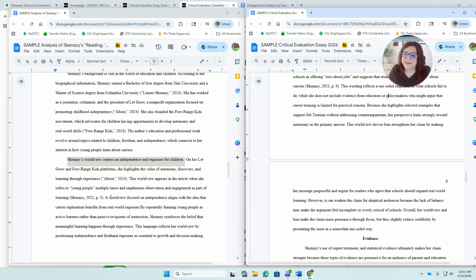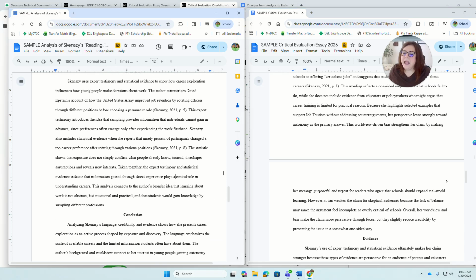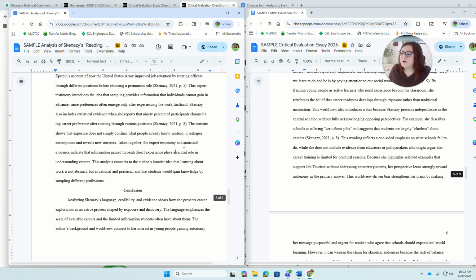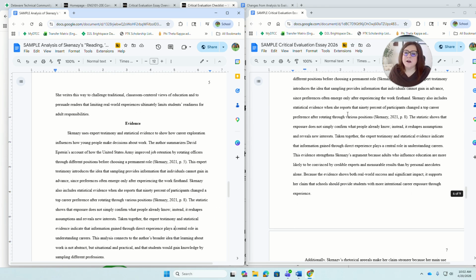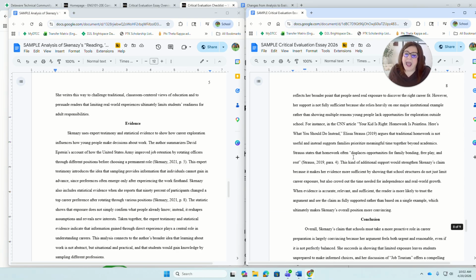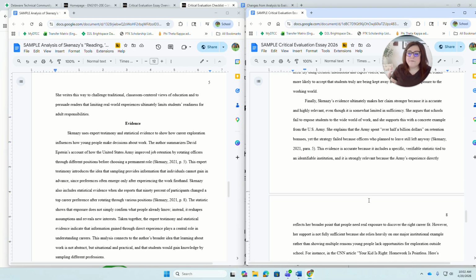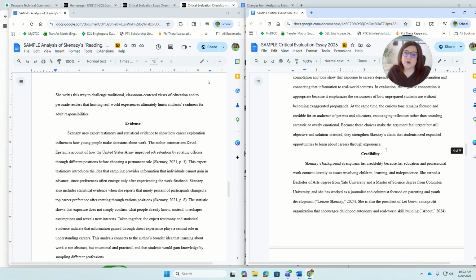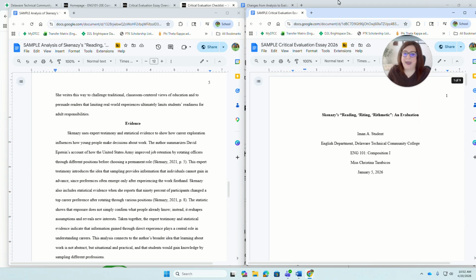And then it talks about the bias. And then evidence, as you notice, we only have one paragraph here. We have 3 paragraphs here, okay? Adding in that secondary article that we found from the database exploration assignment. So visually, this is what it's going to end up looking like, okay?